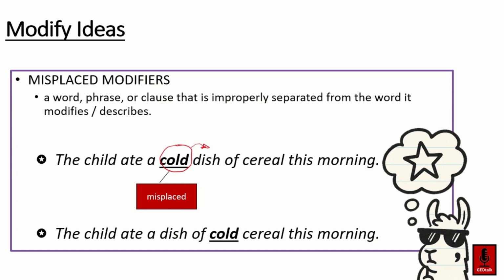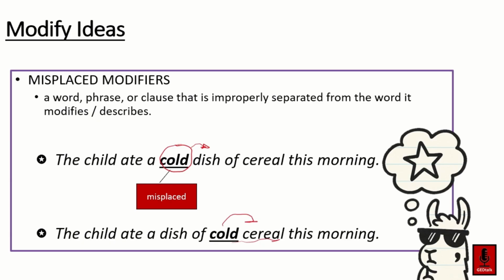But once again, folks, when you place your adjectives or adverbs next to an incorrect word, which means you're not placing it next to the noun that it's actually describing or the verb that it's actually describing, it becomes a somewhat confusing sentence. The child ate a cold dish of cereal this morning. Sounds interesting. When in reality, the writer is trying to tell us the child ate a dish of cold cereal.